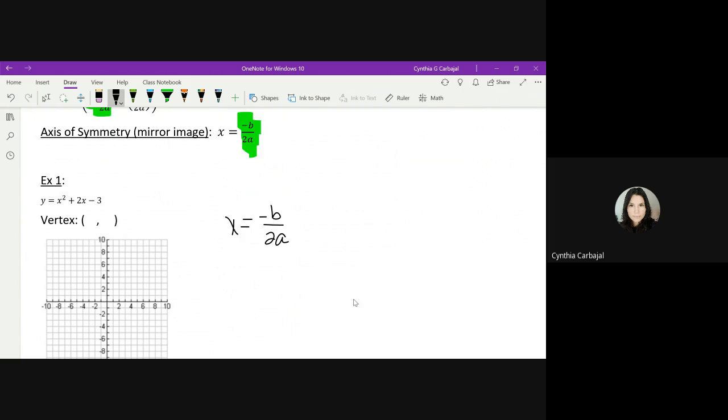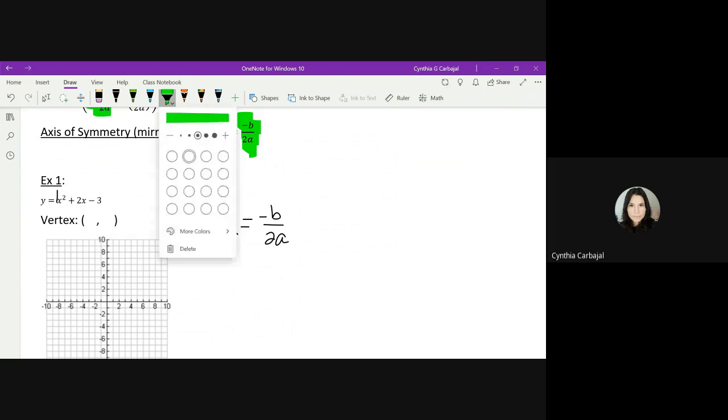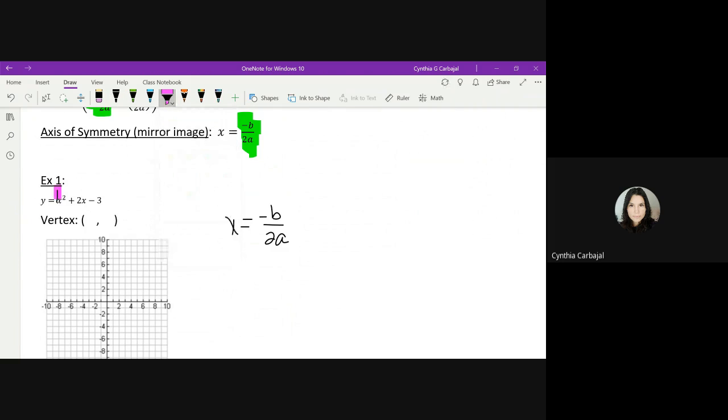Our example is x squared plus 2x minus 3, where there's nothing in front of the x squared, so there's a 1. That means the a is a 1. We change colors here. So that's going to be our a. I'm just going to put here a equals 1. And then our b is going to be whatever's with the x, and b equals 2.